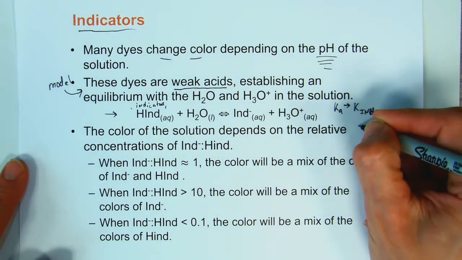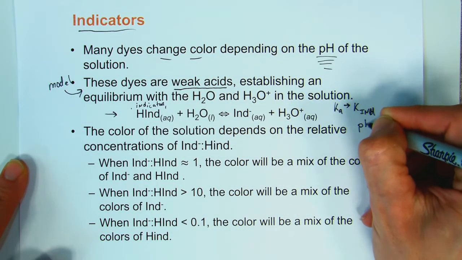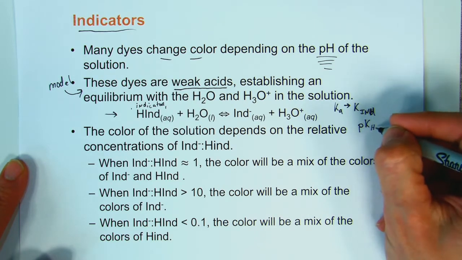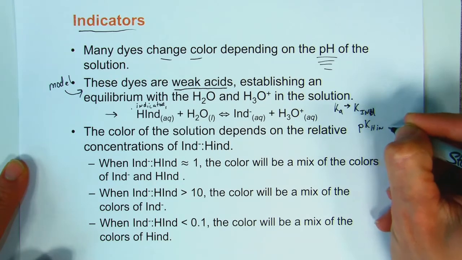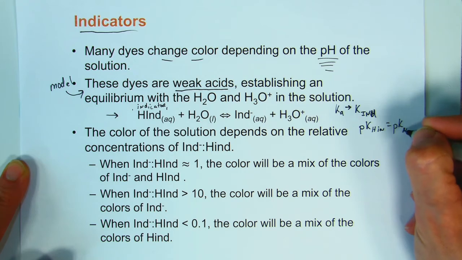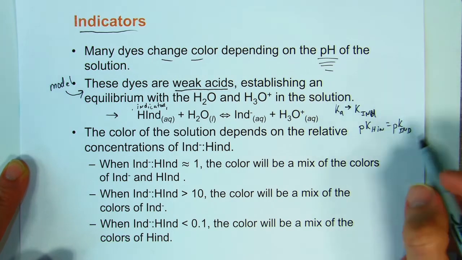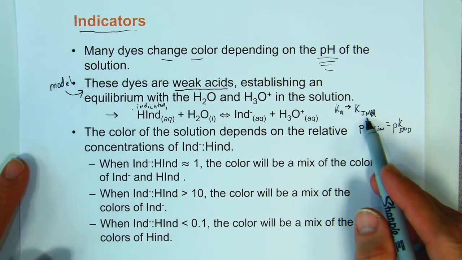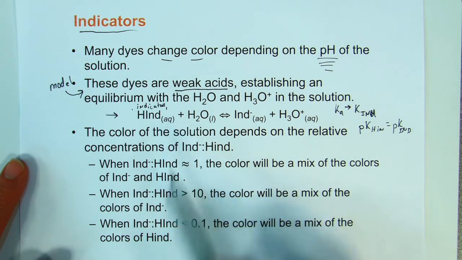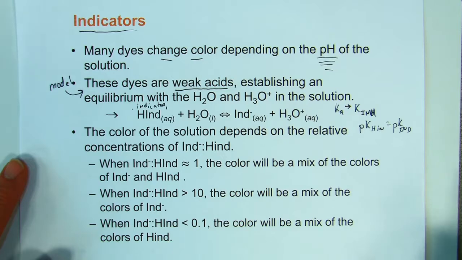And if I wanted to, I could take the negative log of that number and I would call it pKHIn, or pKInd if you want to have the same lingo. Nothing more than the negative log of this Ka, okay? So interestingly, I'm just treating my indicator as a weak organic acid.